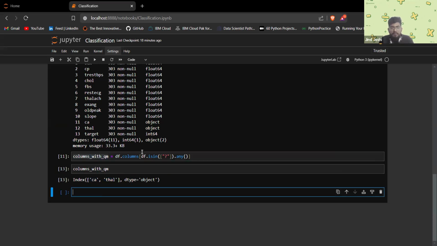So now what we will do, we will replace them, right? How are we going to replace them? With the mode value of them. Okay, what is the mode? What is the mode? Does anyone remember? Mean, median, mode.